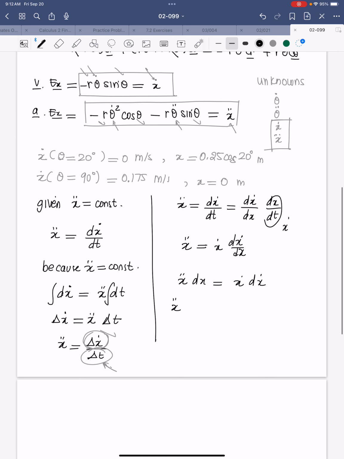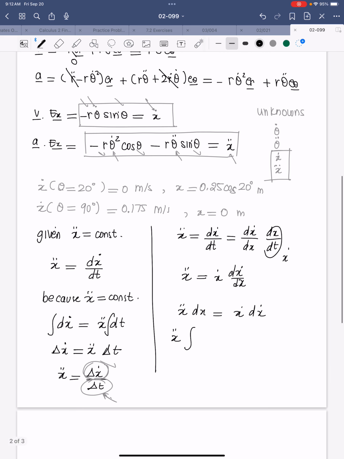x double dot is some constant outside the integral, and x goes from 0.25 cosine 20 degrees to 0 dx, and then x dot goes from 0 to 0.175 of x dot dx dot.